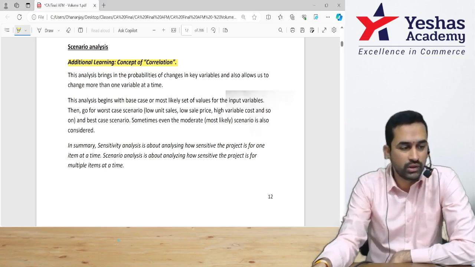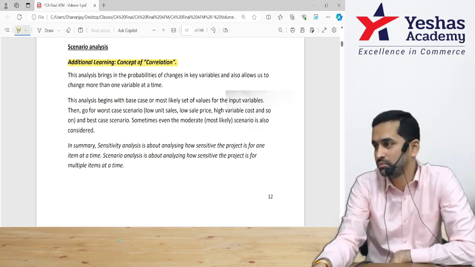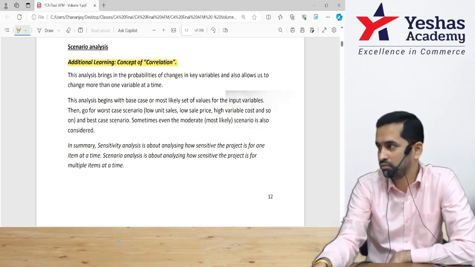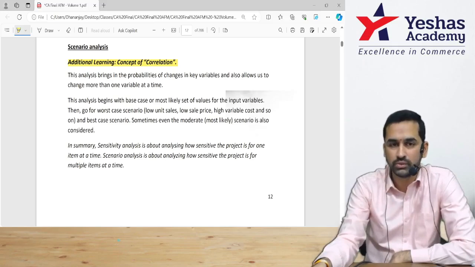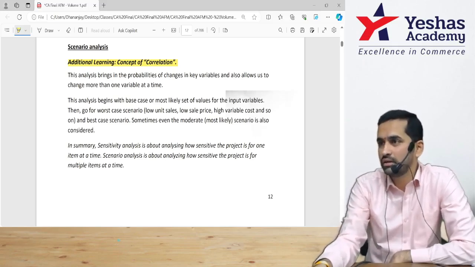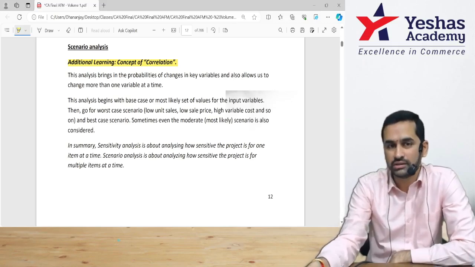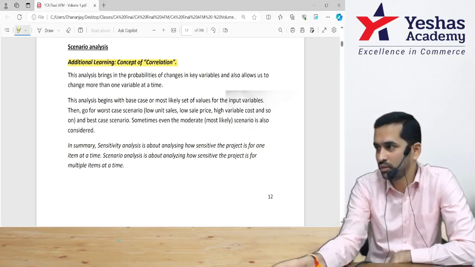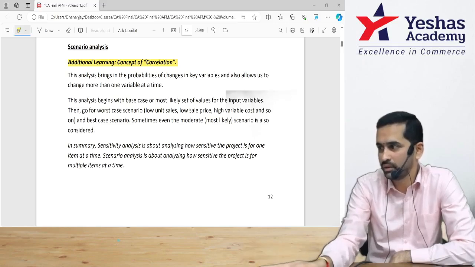Anyone can answer what is the range of correlation: positive 1 to negative 1, plus 1 to minus 1, or 0 to 1, minus 1 to plus 1. There were, I think, at foundation level or 11th and 12th, you have studied 3 correlations. Perfectly positive correlation. Remember?